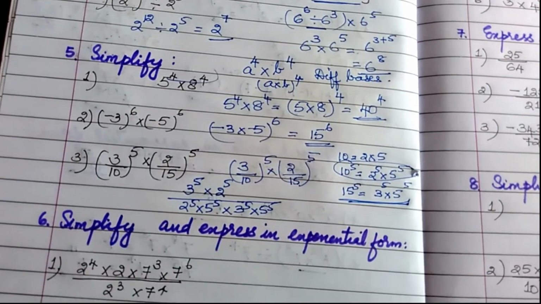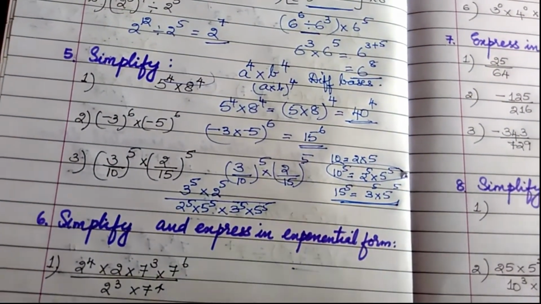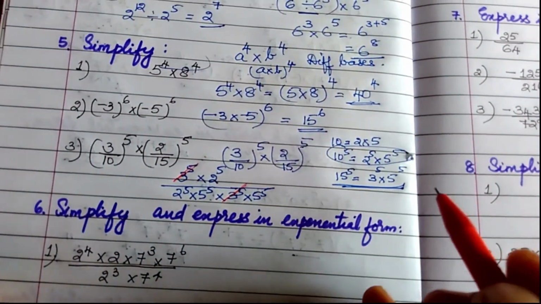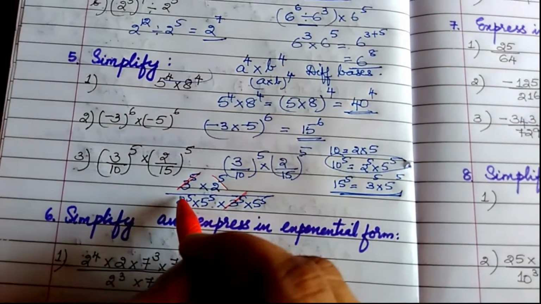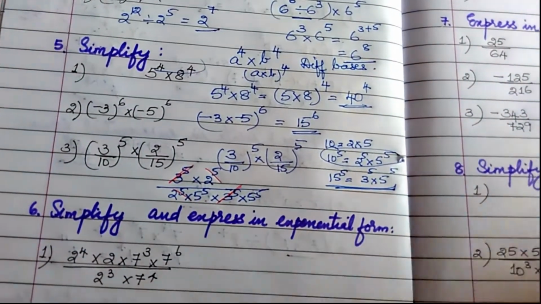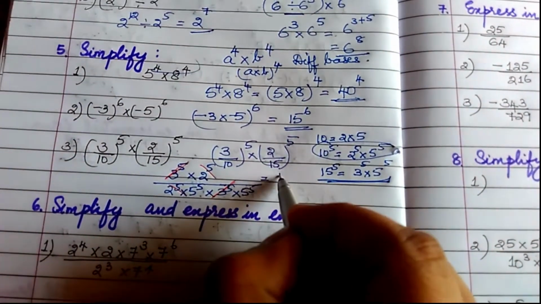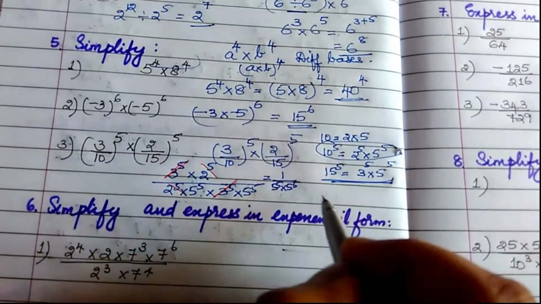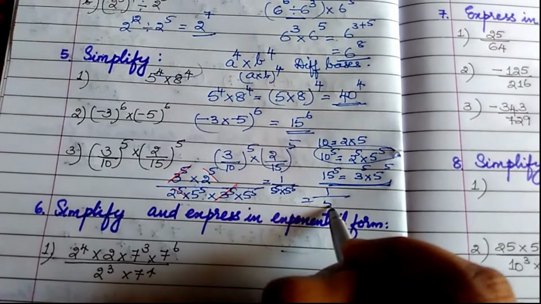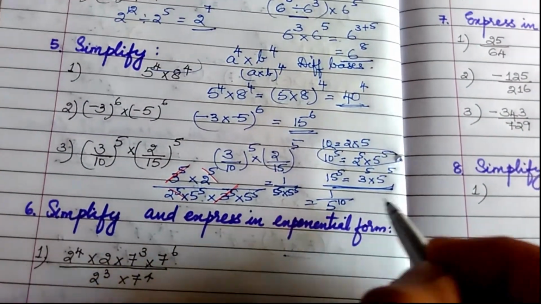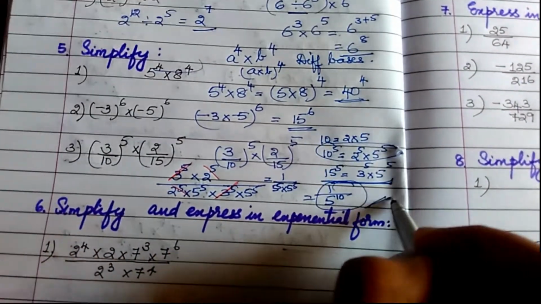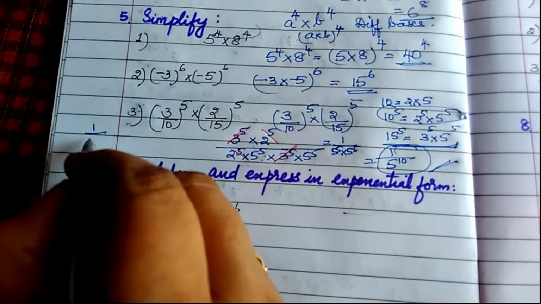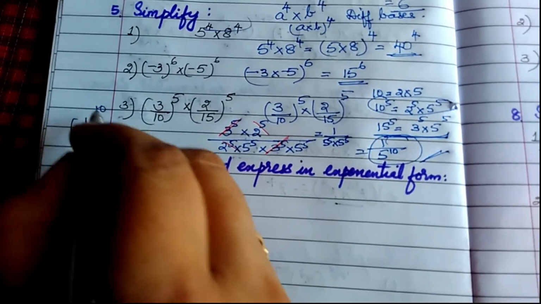Now what all you can cancel, that you are cancelling. So here 3 to the power 5 is there and 3 to the power 5 is there. That got cancelled, and 2 to the power 5 and 2 to the power 5 cancelled. So you got it as 1 upon 5 to the power 5 into 5 to the power 5. So it is 1 upon 5 to the power 5 plus 5, that is 10. So this is the answer. Or else you can write it as 1 upon 5 whole to the power 10.